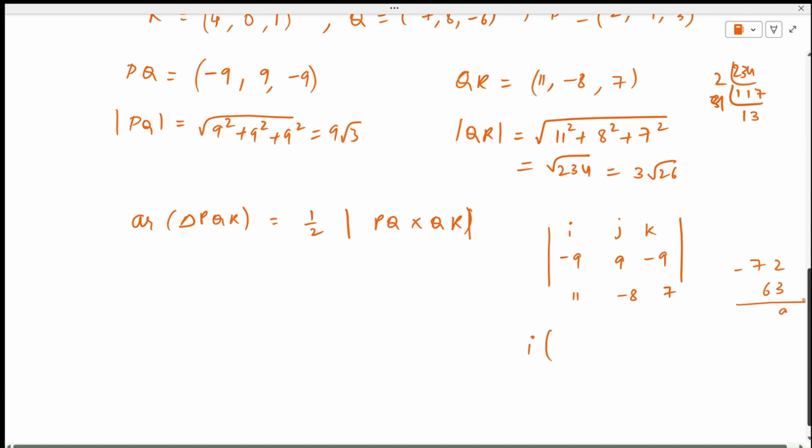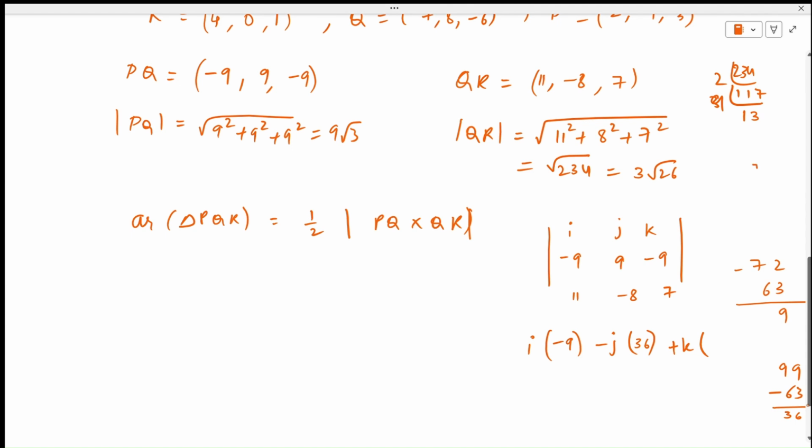That is equal to minus 9. So minus 9 i, and then minus j of minus 63 plus 99. So we'll get 36.